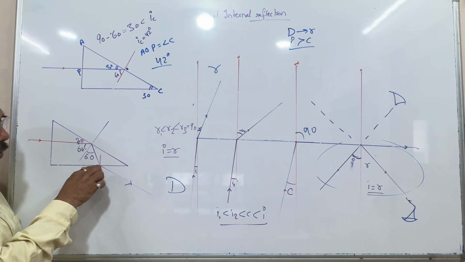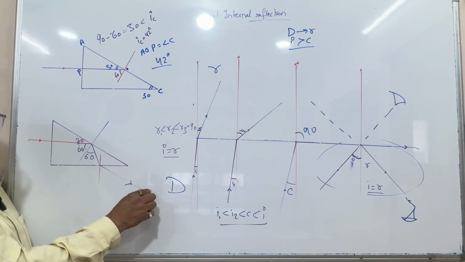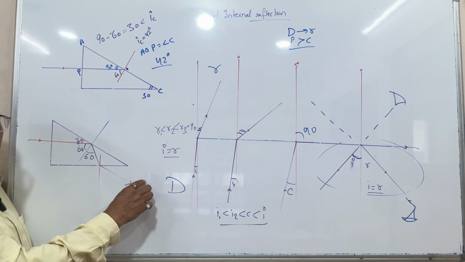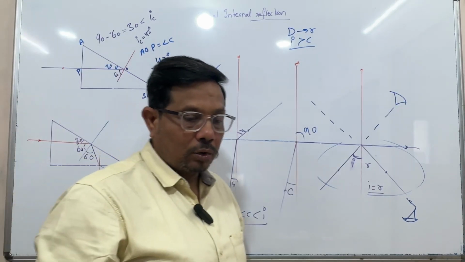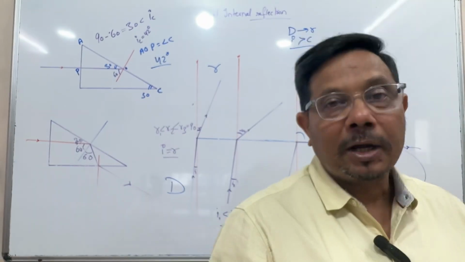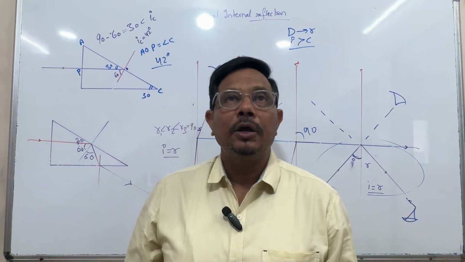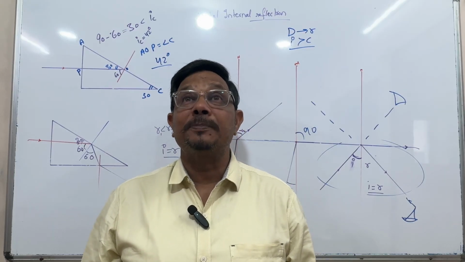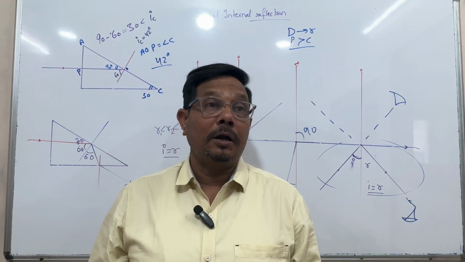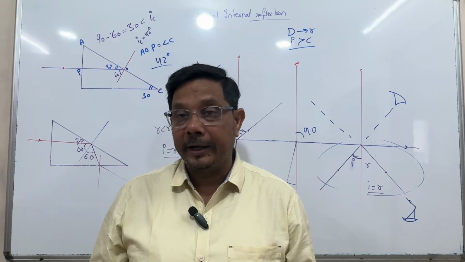Now at this point, it will move away from the normal. So this will be the path of the ray of light. So this was the concept. We can study it in a better way. Total internal reflection is an optical phenomenon, and it is a special type of the concept of refraction of light.